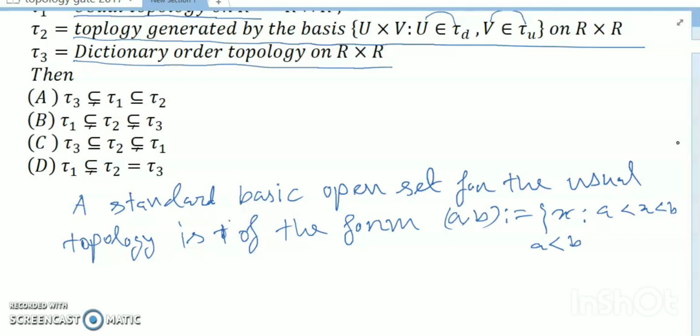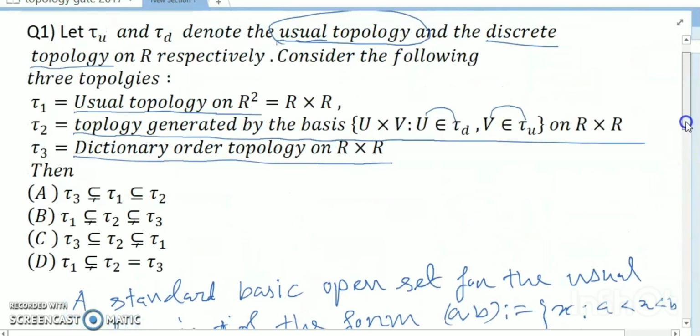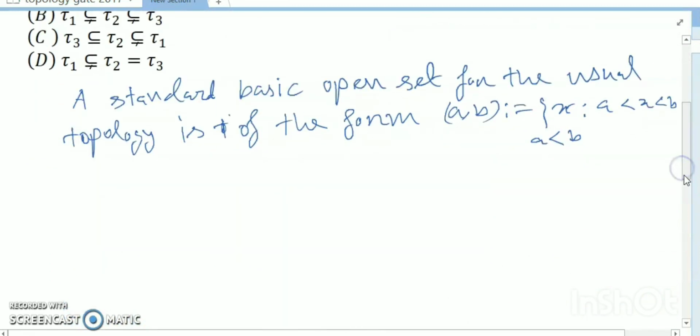The discrete topology on X is defined by declaring every subset of X open, and X is a discrete topological space if it is equipped with its discrete topology. It means tau is the power set of X. I have already discussed in my channel what discrete topology is. Now we need to know open set.